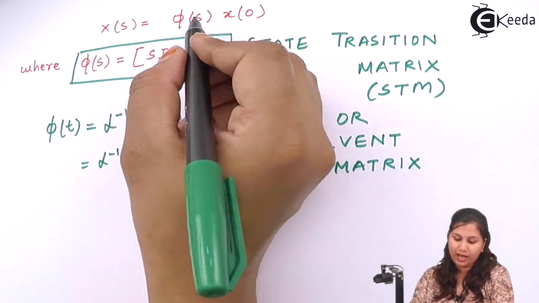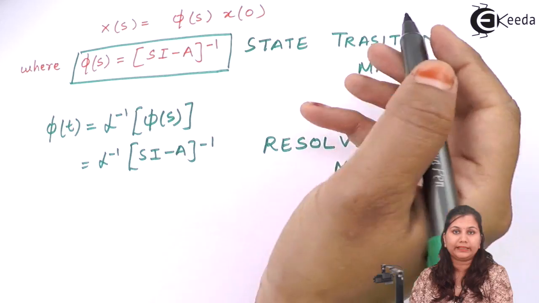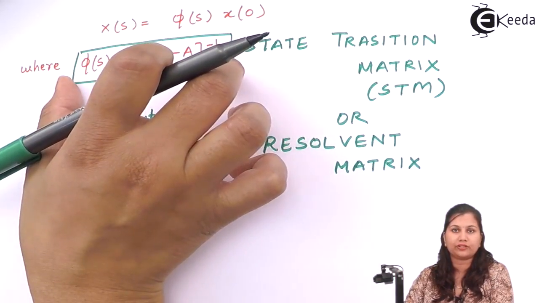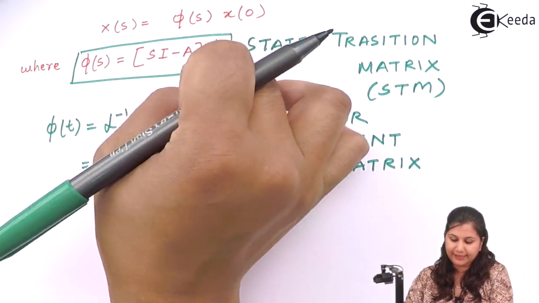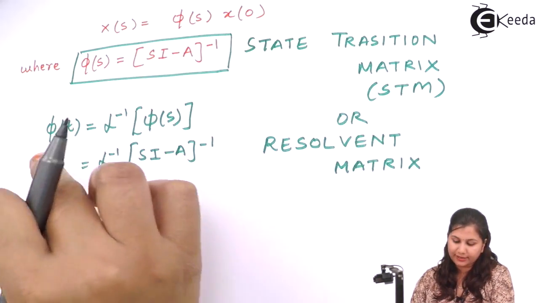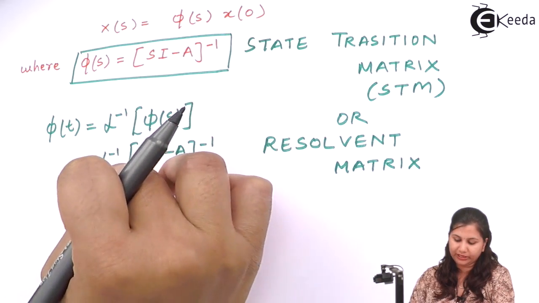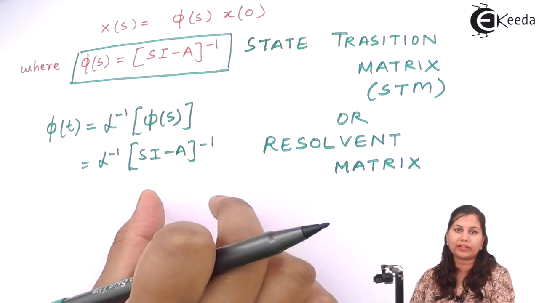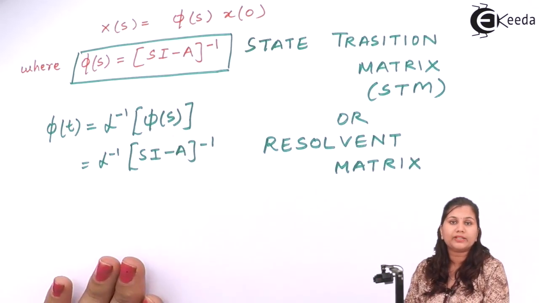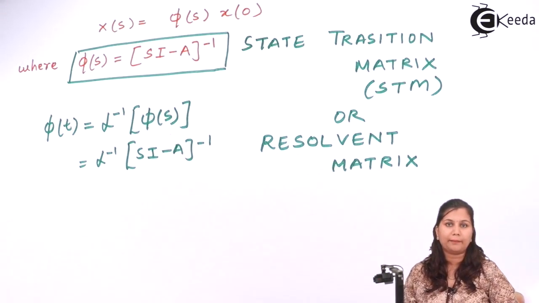So whenever you are asked to calculate the state transition matrix, this is the formula: phi s is equal to (sI minus A) inverse, or if you are asked for phi t, then you have to take the inverse Laplace transform of (sI minus A) inverse. Now there are some properties of this state transition matrix.